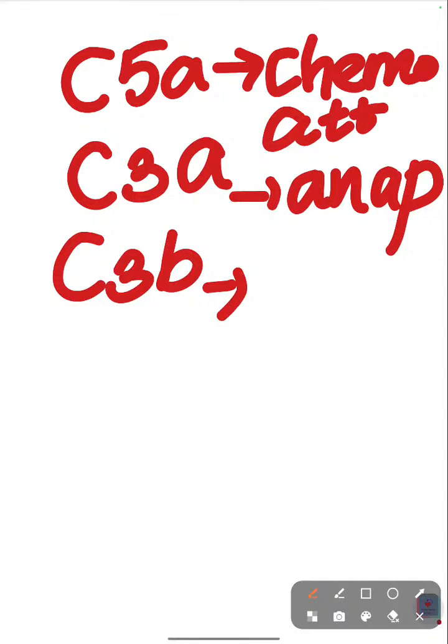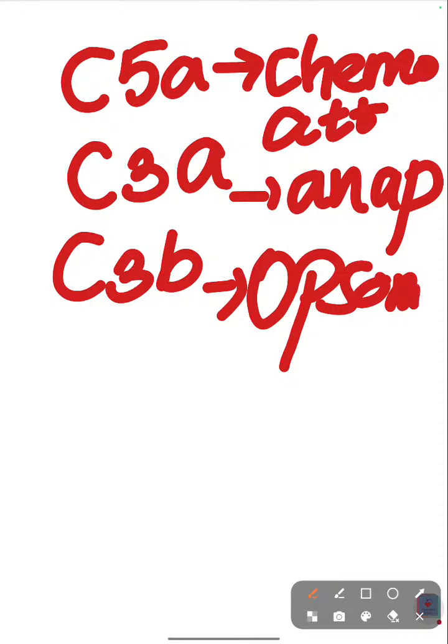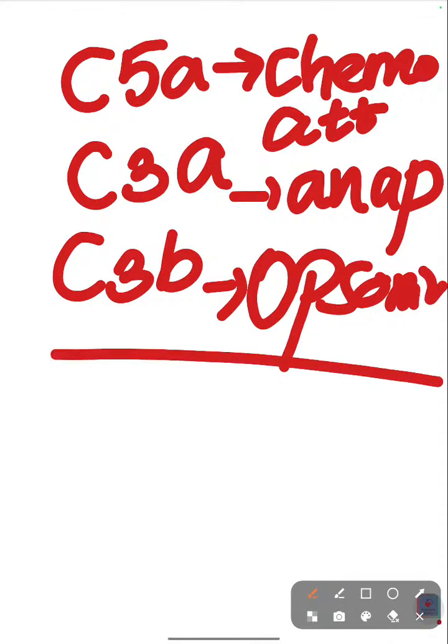C3b is an opsonin. So C5a, C3a, C3b. A for anaphylaxis. C5a is a chemoattractant. These are the end products of the complement activation.